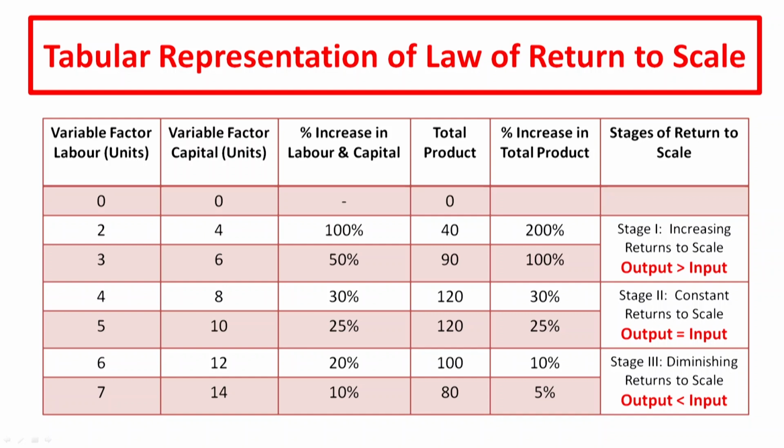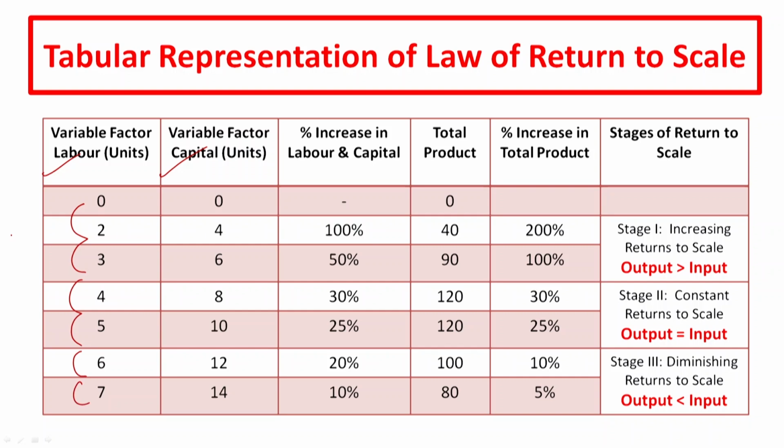So this law can also be explained with the help of a tabular representation. As you can see, the table has 6 columns. The first and second columns denote that there are only 2 variable factors, labor and capital. Both are variable factors and both are increasing in the same proportion. Labor goes 0 to 2, 2 to 3, 3 to 4, 4 to 5, 5 to 6, 6 to 7.